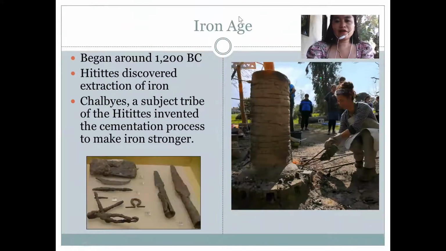When the Iron Age came, this process was developed, and there were additional discoveries of alloys. The Iron Age began around 1200 BC when the Hittites discovered how to extract iron from ore and work it to advance their cultural aims.